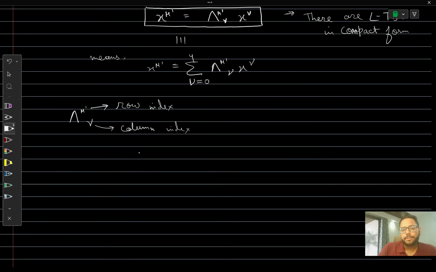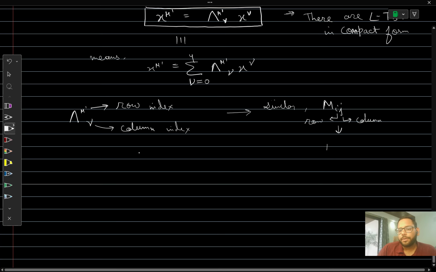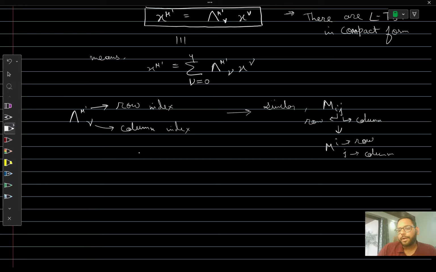It is similar to what you studied in previous classes when you write a matrix component a, i and j. Here you will read this as row, and you read this as column while you write any matrix components in the matrix.